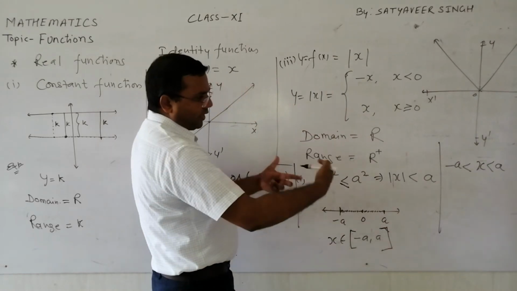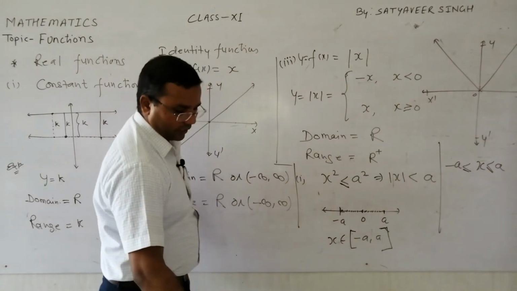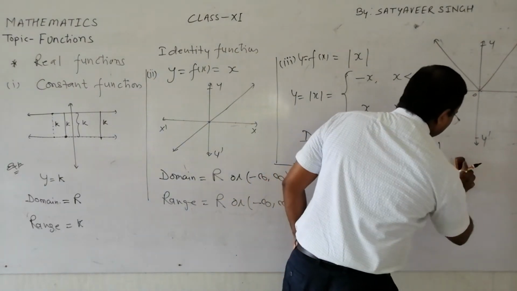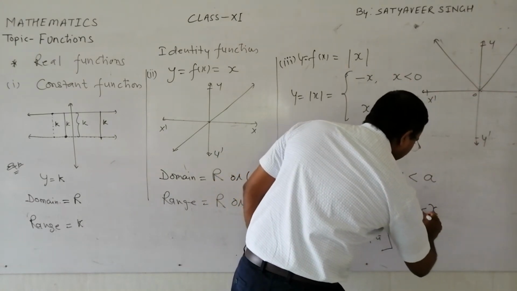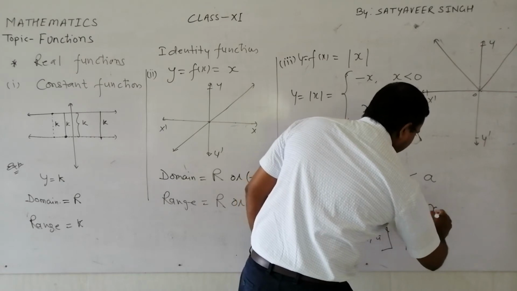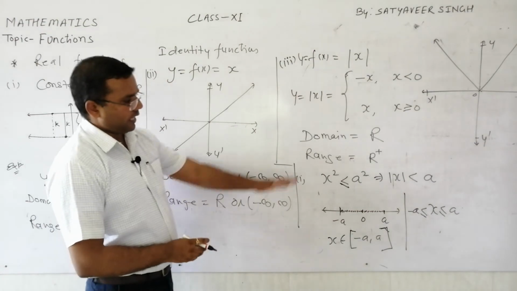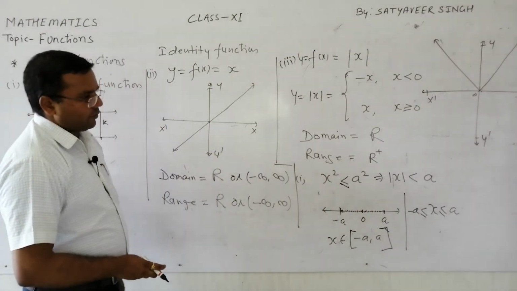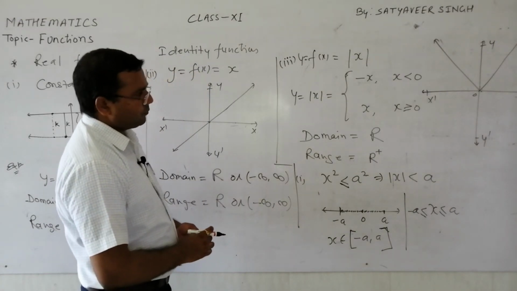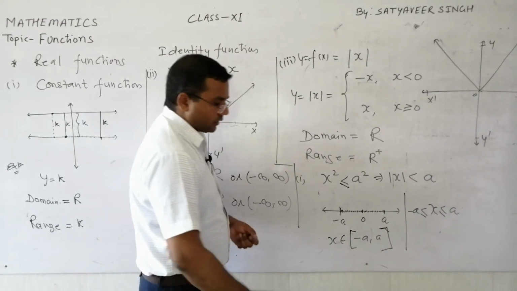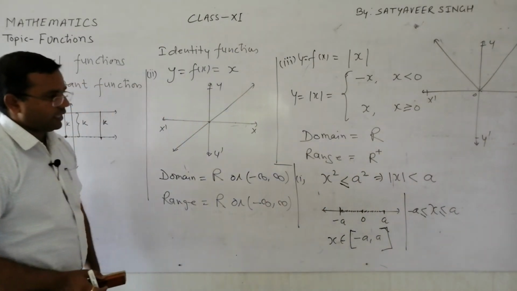It means we have now included minus a and a also. I am writing here x is greater than or equal to minus a and less than or equal to a. At least this much idea you must have about the properties of the modulus function. This is particularly the distance between the values minus a and a.